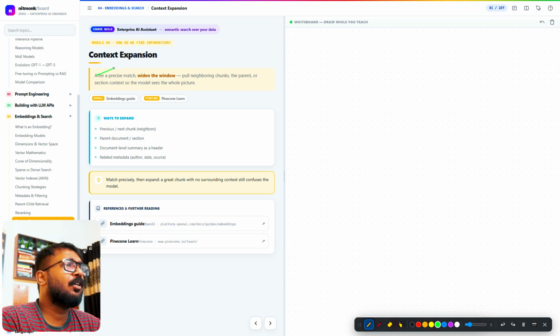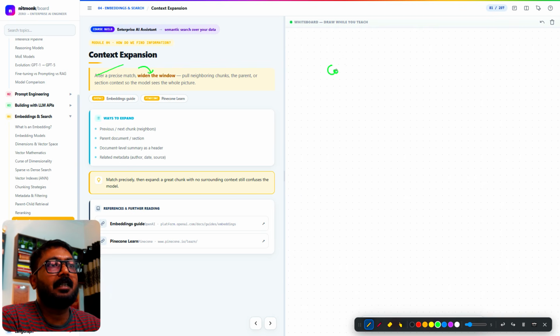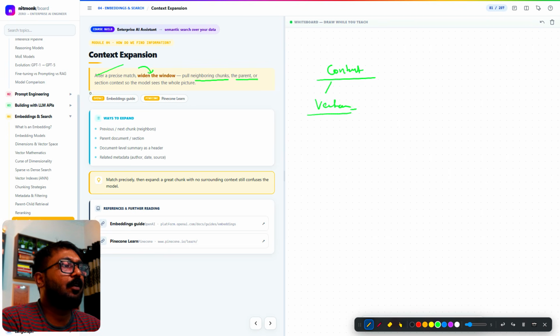So context extension, you get it, that's very straightforward. Basically, after precise match, widen the window. Basically, window is trying to talk about the data, the content it will have, right? The content it gets from the vector database. Pull the neighboring chunk, the parent or the section context, so the model sees the whole picture. The LLM sees the whole picture.